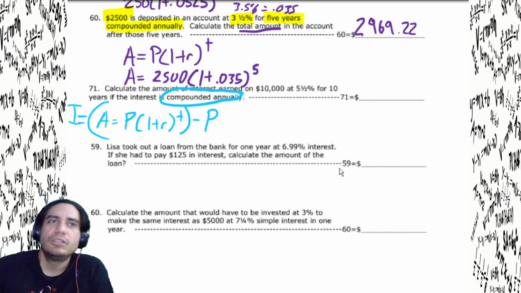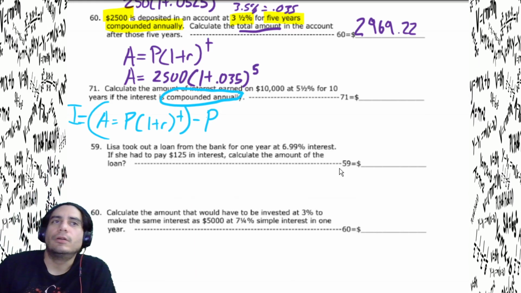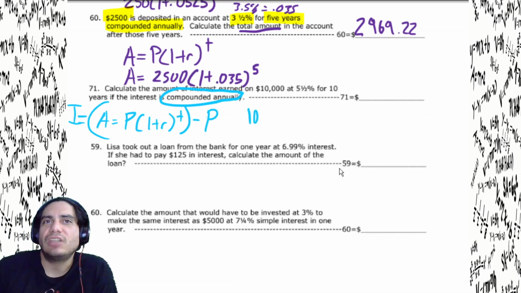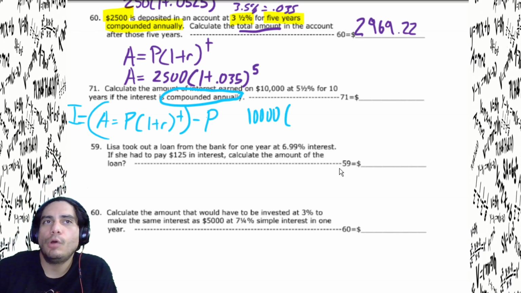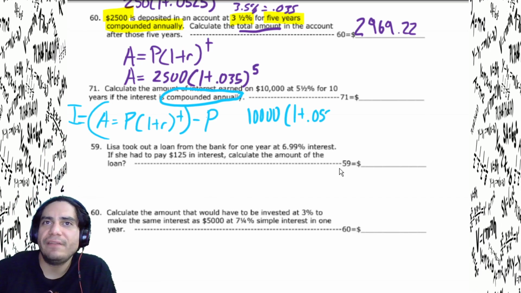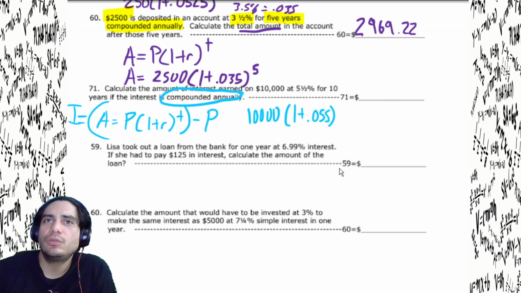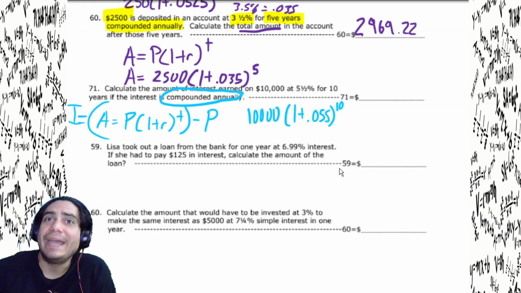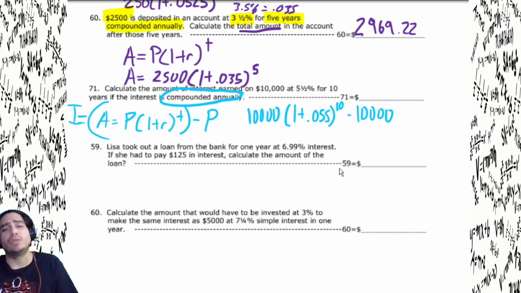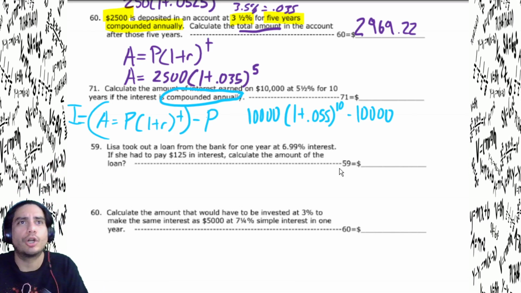Bam. So, that's how we do it, okay? Let's go ahead and set this up. Okay, so we got $10,000. Multiply that by 1 plus 0.055 raised to the 10th power, and then at the end we take away the $10,000 we initially started with to get the interest earned on the account.